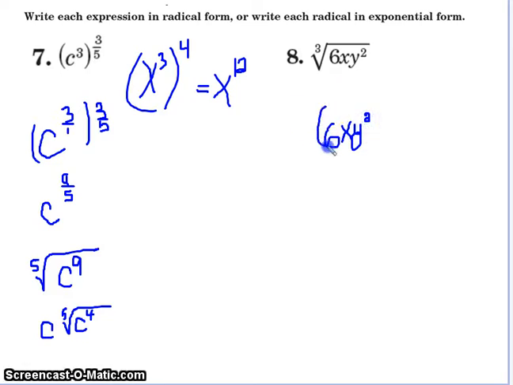And since we have more than one thing, we'll put it in parentheses. And then we'll raise it all to the 1/3 power. So if you're taking the 3rd root, then you can transfer that into 1/3, raising something to the 1/3 power.